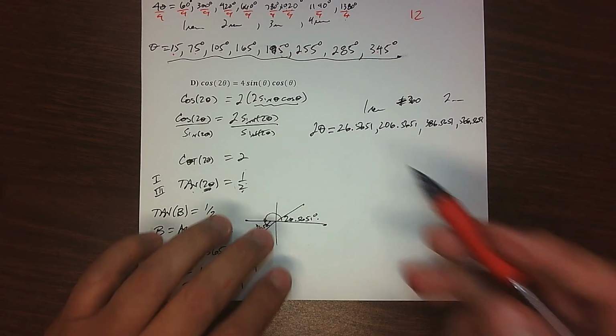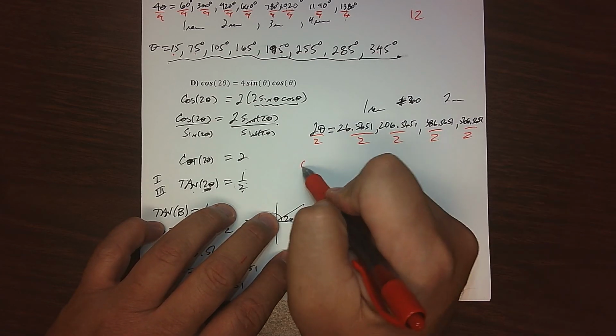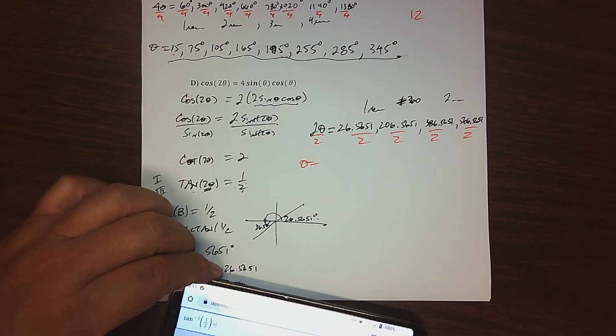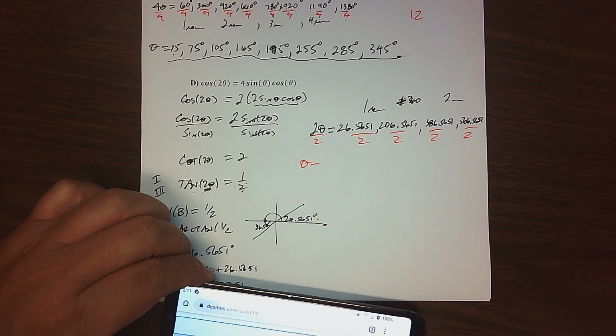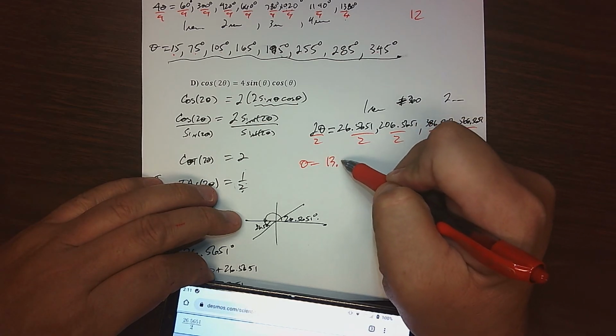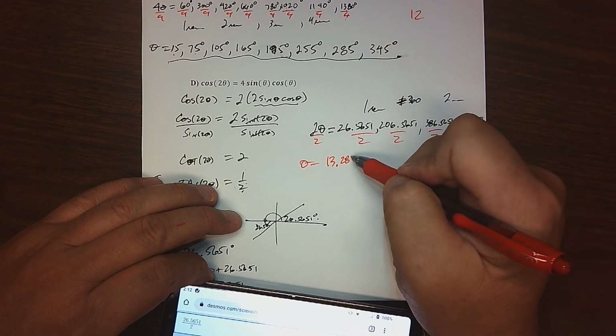So to get my theta, I now need to divide everybody by 2. Let's go ahead and do a few of these. Well, there's only 4 of them, so I'll do them all. We get my calculator: 26.5651 divided by 2 gives me 13.28, looks like 13.2826 if I round off.